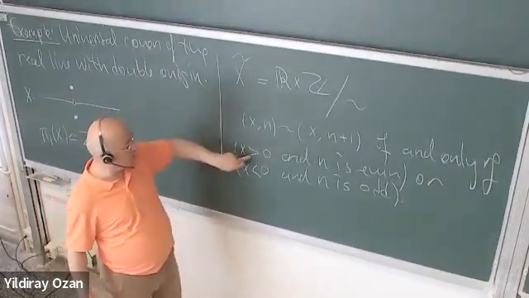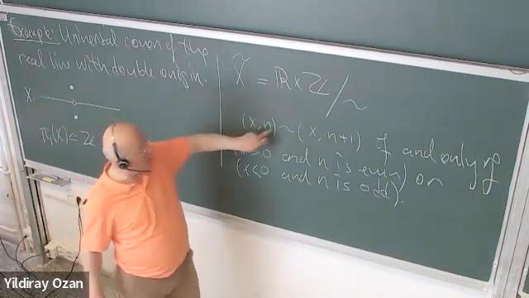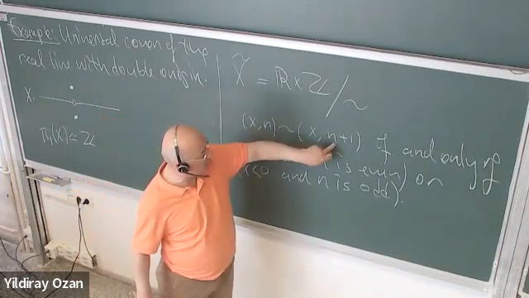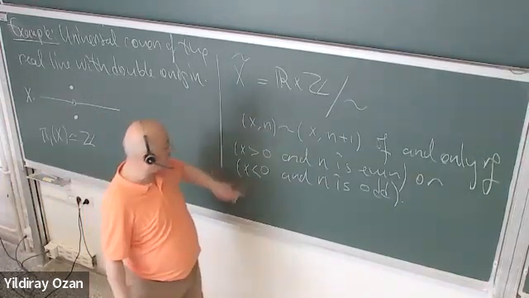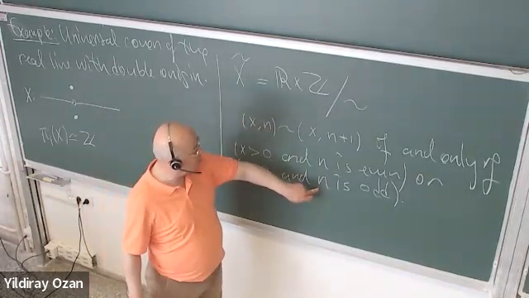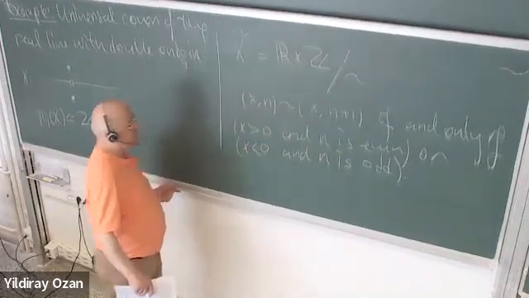If X is positive, then we identify an even integer and its successor. When X is negative, we identify an odd integer and its successor.